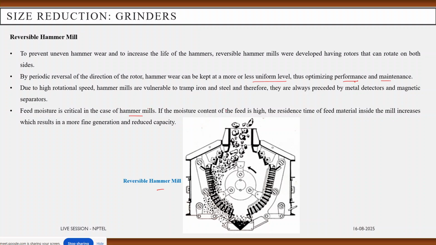If the moisture content of the feed is very high, the residence time of the feed material inside the hammer mill will be more, and they may cause more fine generation and reduce the overall capacity of the hammer mill. So always we need to maintain the feed moisture content, and we can do that by using different kinds of drying arrangements.